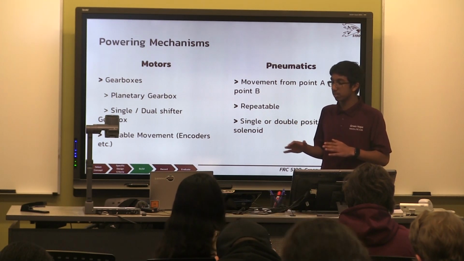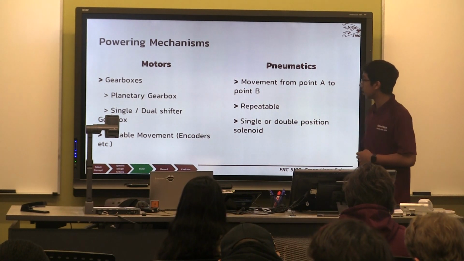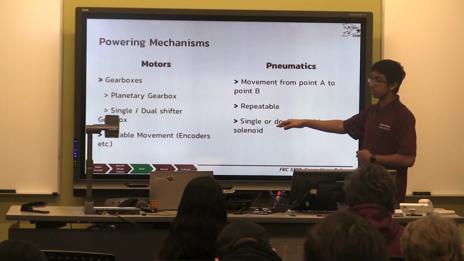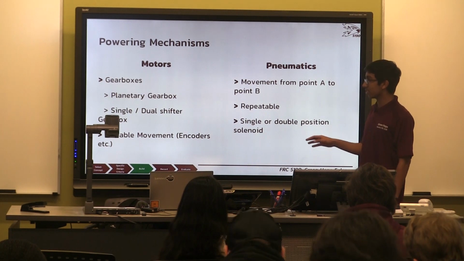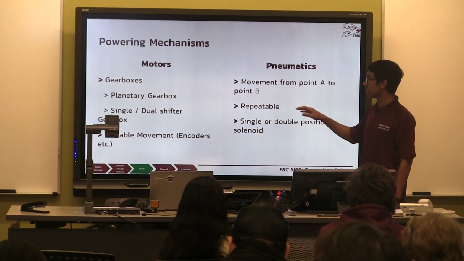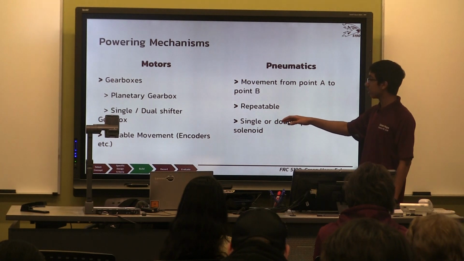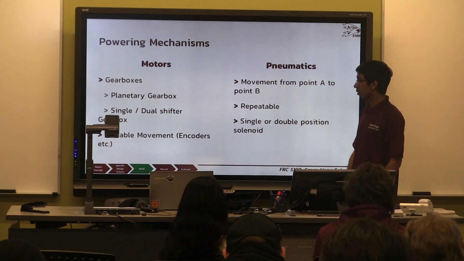We'll talk about what continuous intakes are in the future, but a key thing to keep in mind with motors is you're not going to always use your motor on a 1-to-1 reduction. There's probably no application in FRC that has a 1-to-1 reduction, so you're probably using a planetary gearbox, a reverse planetary gearbox for reduction, or a single or dual shifter gearbox, depending on the application.